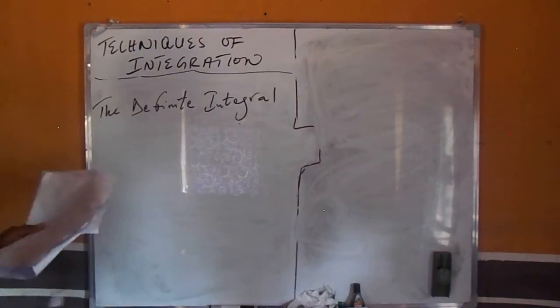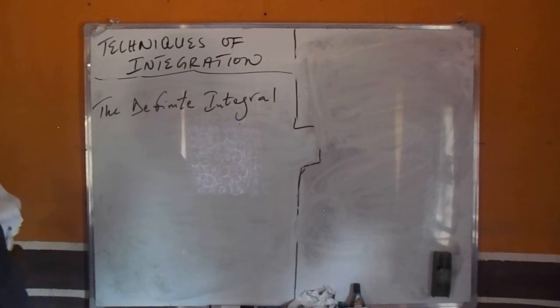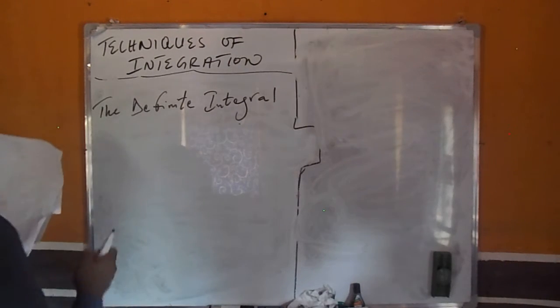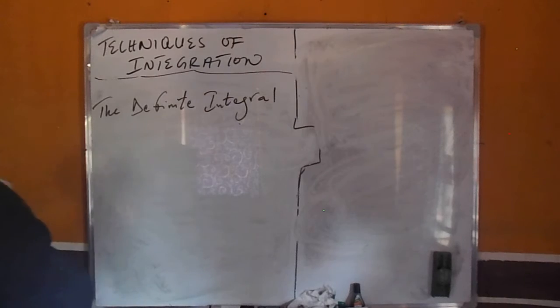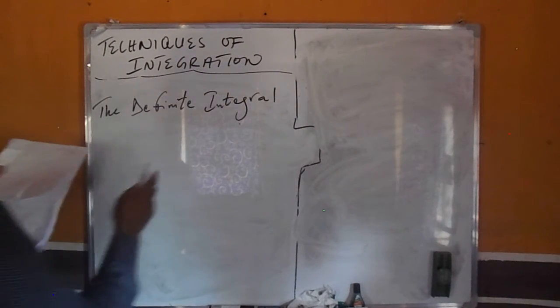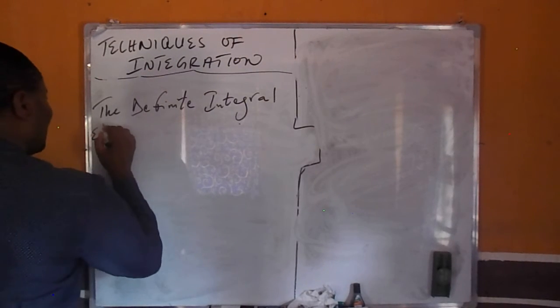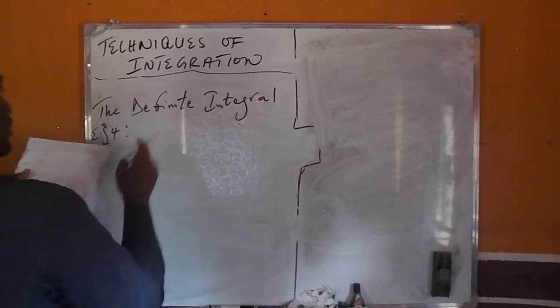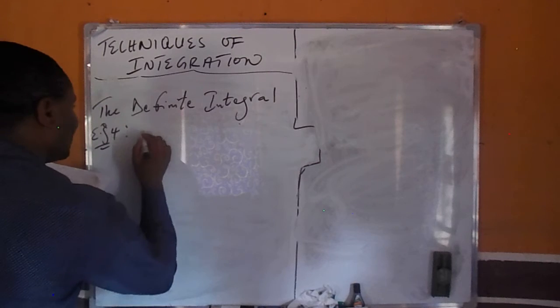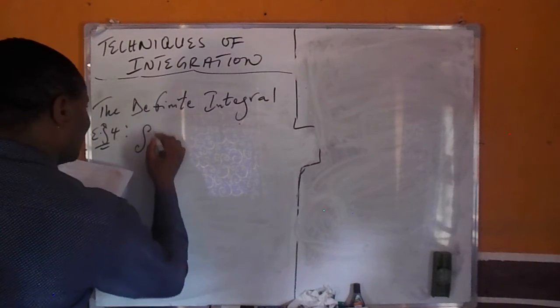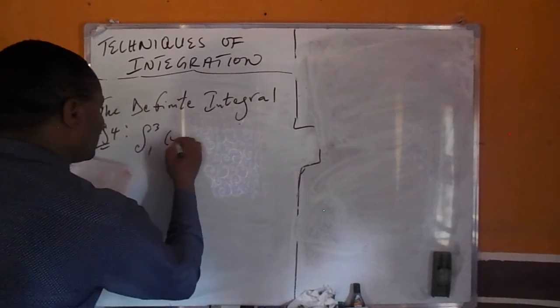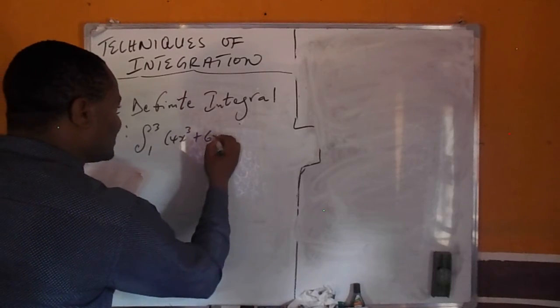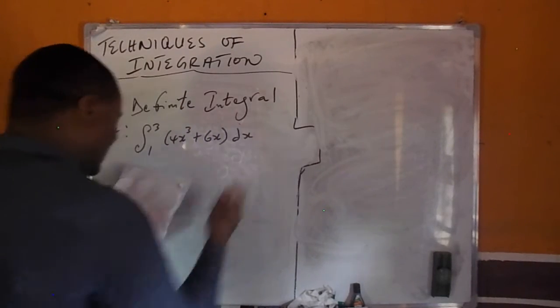Picking our second example, the second example says: integrate from 1 to 3 of 4x cubed plus 6x dx.